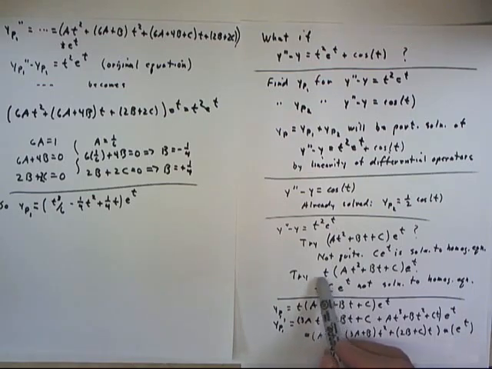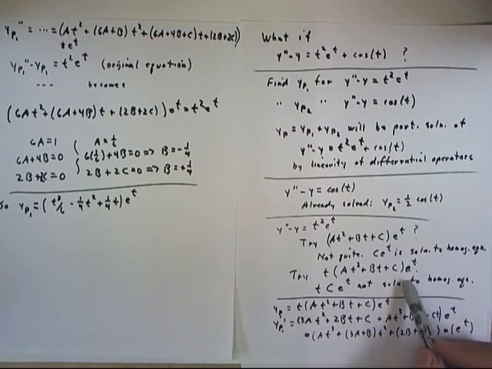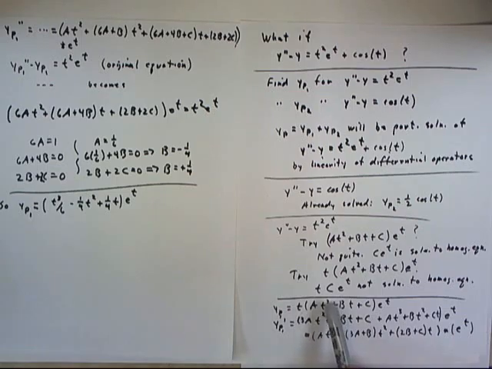So we've multiplied that solution by t, and now none of the terms of this trial particular solution are solutions to the homogeneous equation, and we're going to proceed.